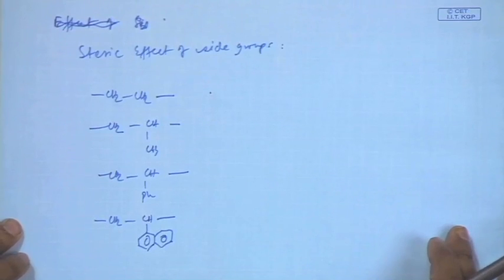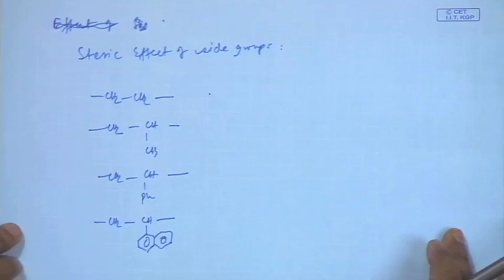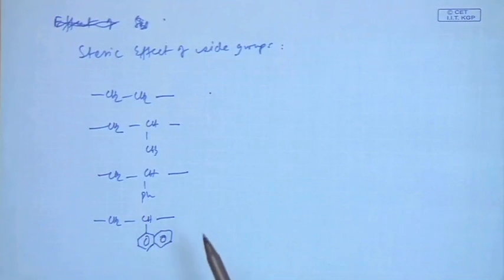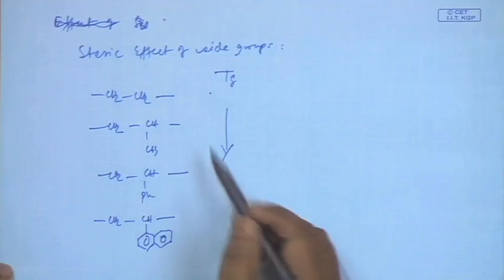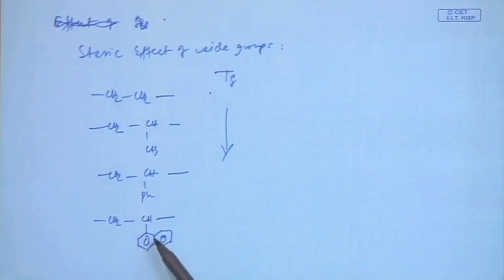So, that may contribute to some extent to the increasing Tg with bulkier groups, but most likely the increase in Tg with increase in size of the side groups is mainly because of the restriction of the rotation.